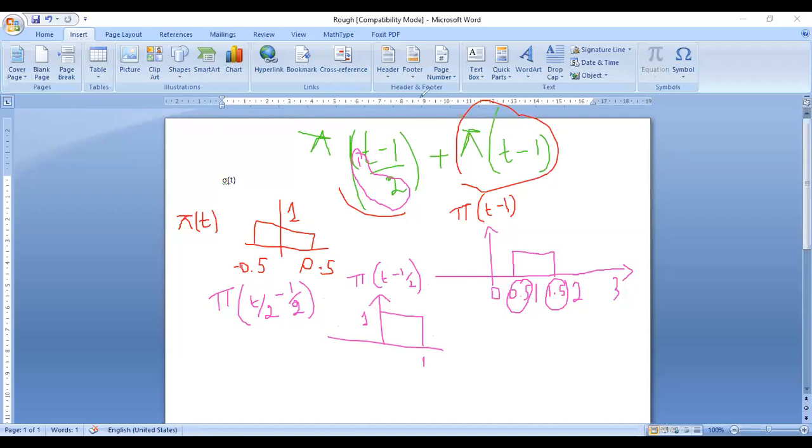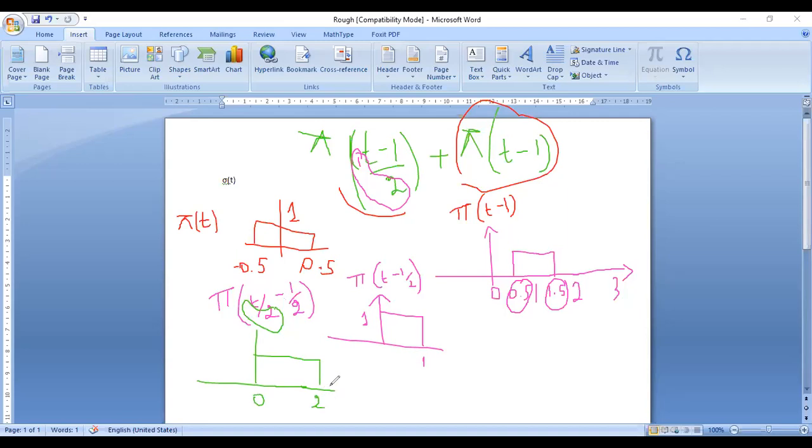Now my next step is I want phi of t by 2 minus 1 by 2. T by 2 means there is a scaling factor of 1 by 2. If it is divided by 2, you know what step we have to follow. It should be multiplied by 2. So now I want you people to tell me whether what I am doing is correct or not. 0 to 2.